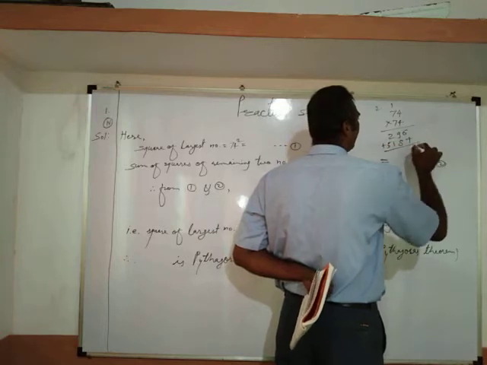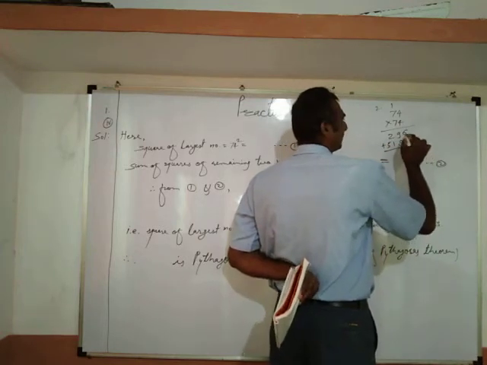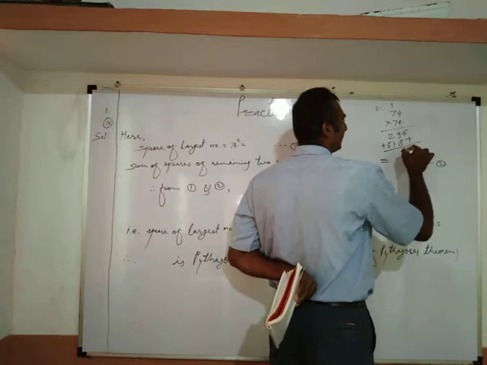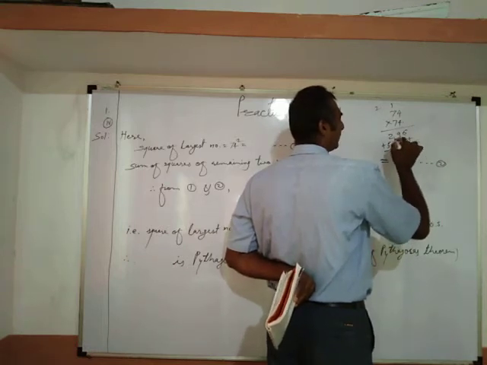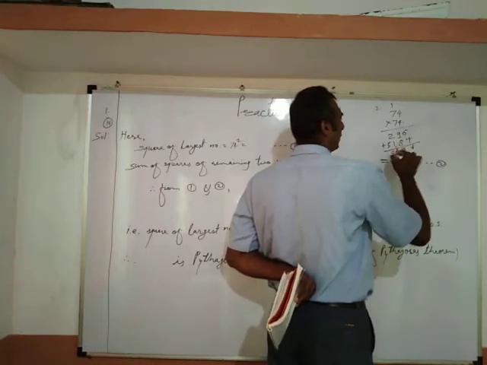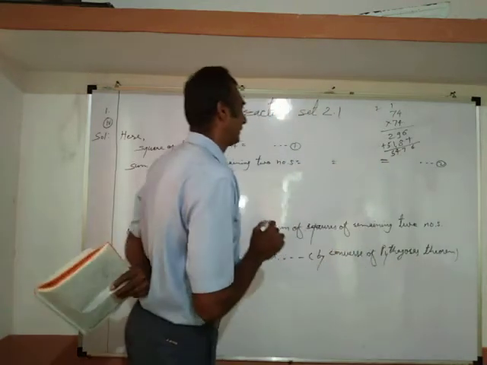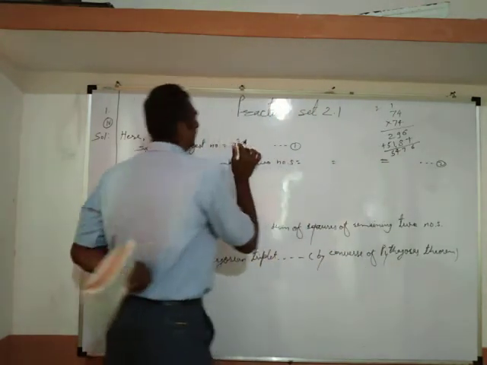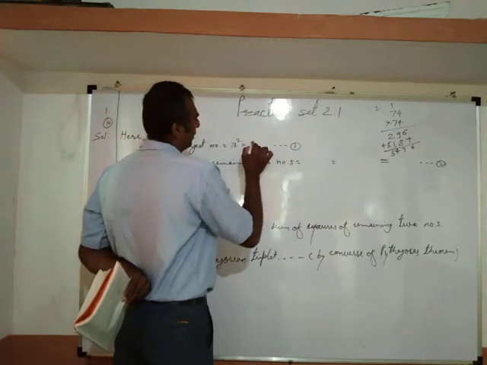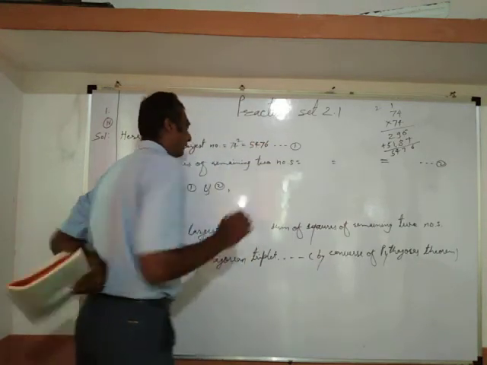Okay, and their addition: 6 plus 0, 6; 9 plus 8, 17, carries 1; 2 plus 1, 3 and 1, 4; 5; 4, 7, 6. The square of 74 is 5476.